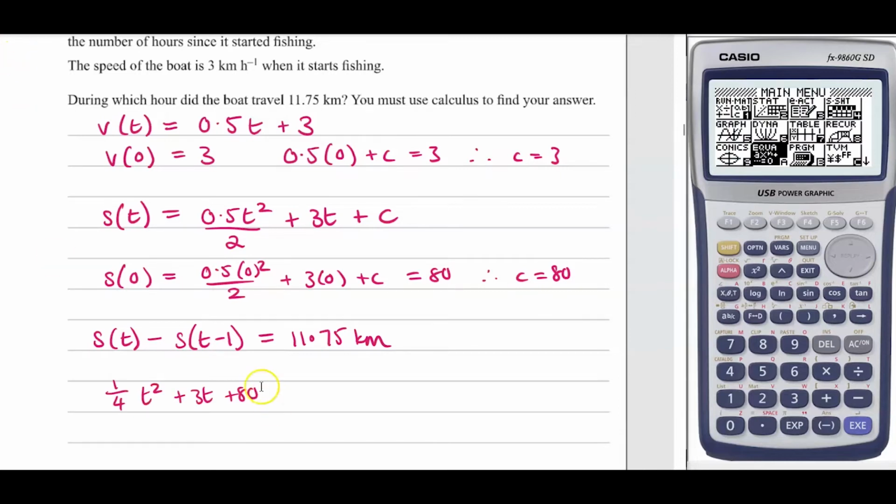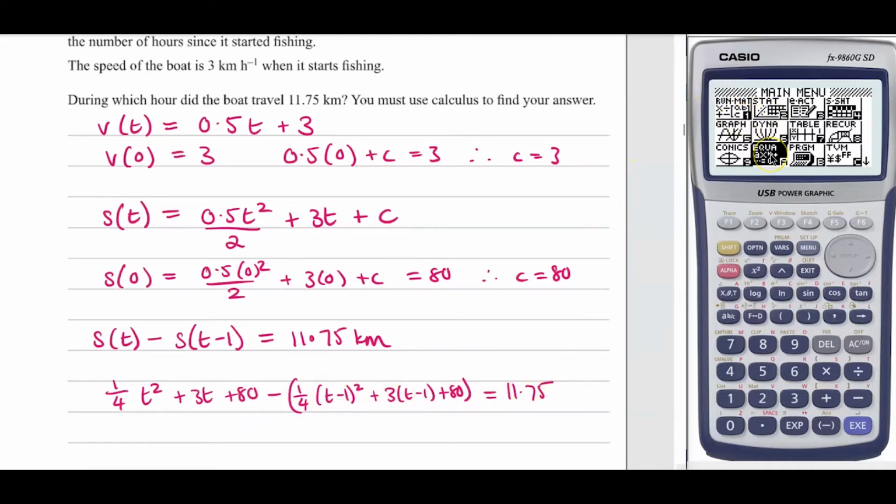Okay, so s of t looks like this, and then we can subtract s of t minus 1. And that looks like this. It's just the same, but I've got t minus 1 instead of t in there. And we set that equal to 11.75. So the hour that we're on, take away the distance traveled in the hour just before it, will equal 11.75.